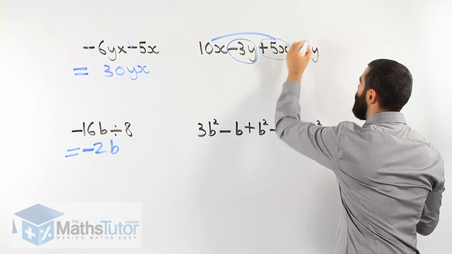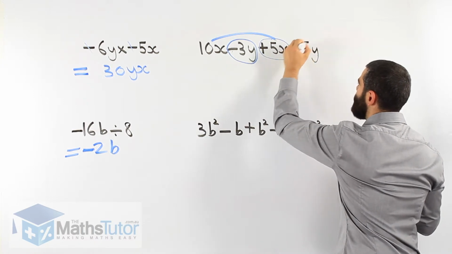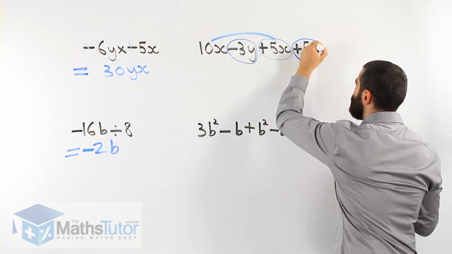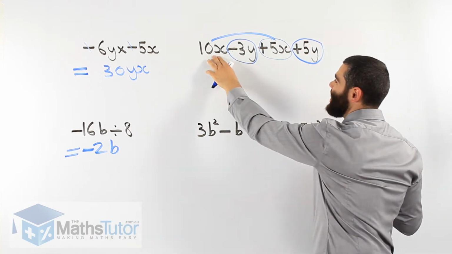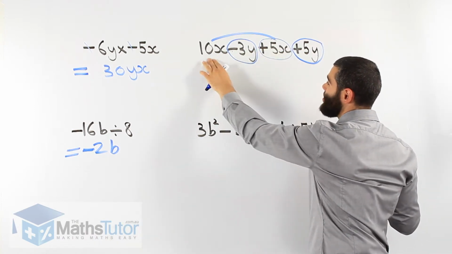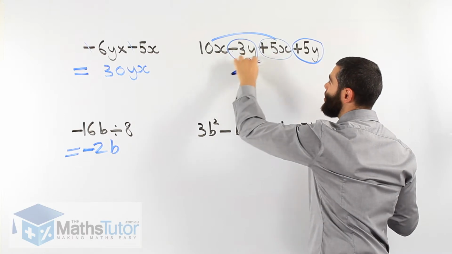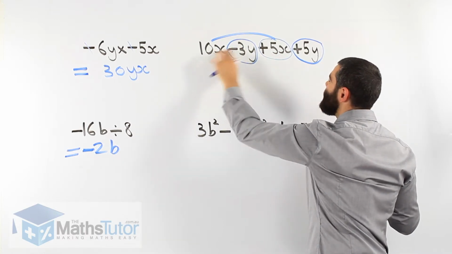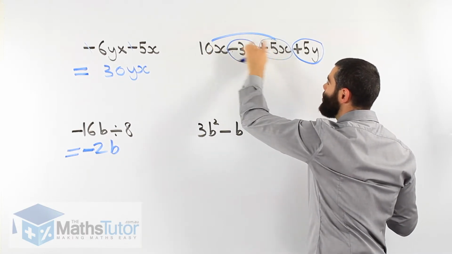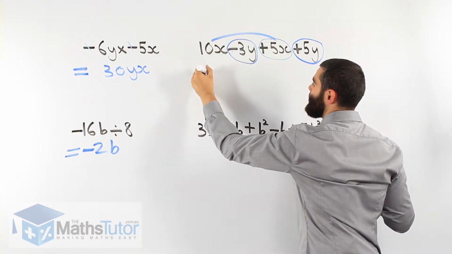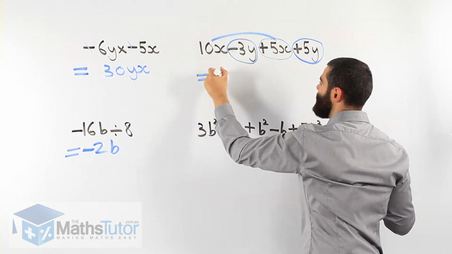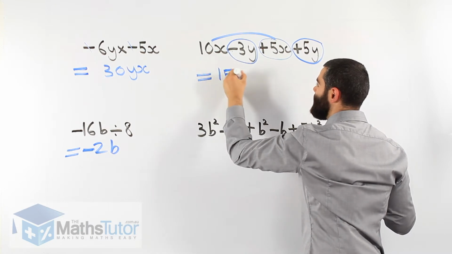And here, the 5y and the plus are together. Very important for you to know. So it's 10x plus 5x, not 10x minus. That minus belongs to the 3y. 10x plus 5x, these are like terms. 10x plus 5x is 15x.